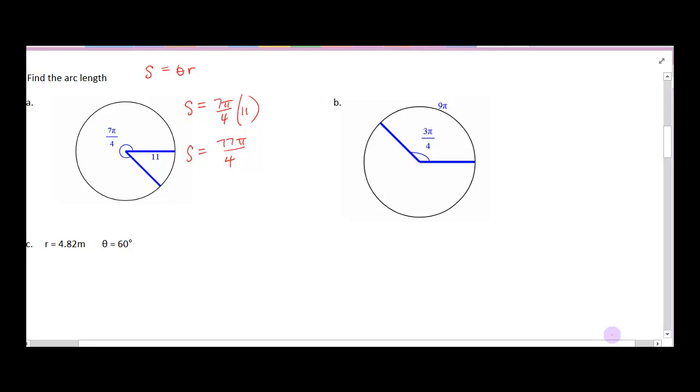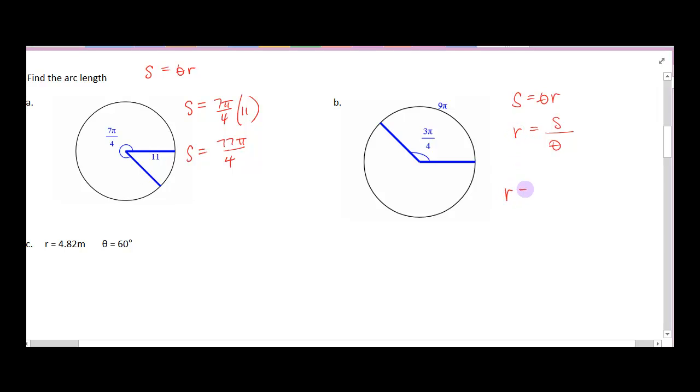If I know that S is equal to theta times the radius, and I'm solving for the radius, then I'm going to rearrange this formula right now because it's going to make my math just a little bit easier. I would divide both sides by theta, so that when I plug my numbers in, I have the arc length divided by theta to find the radius.